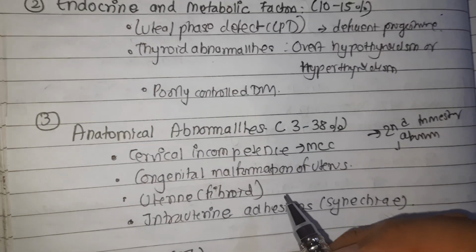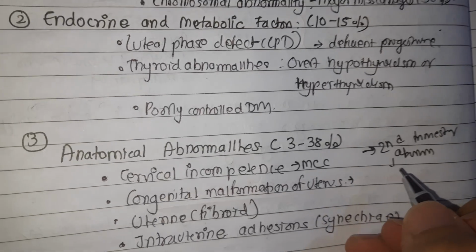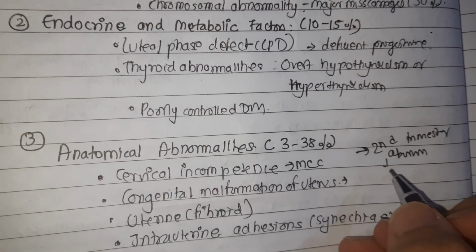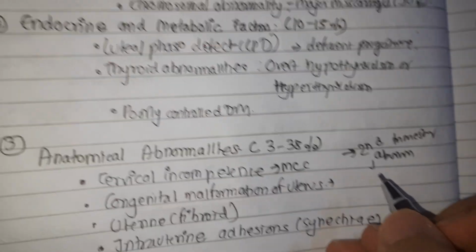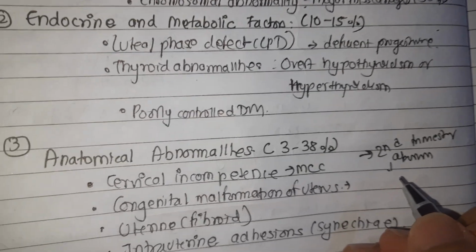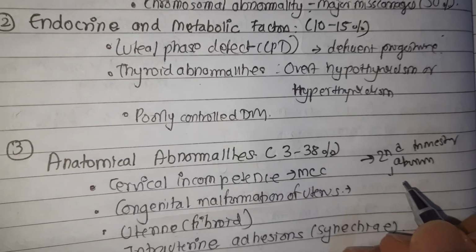The causes of fetal loss in this congenital malformation are reduced intrauterine volume, reduced expansile property of the uterus, reduced placental vascularity when implanted on septum, and increased uterine irritability and contractility.